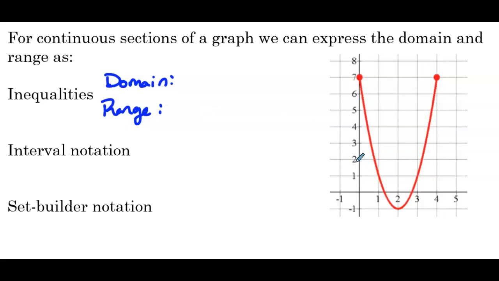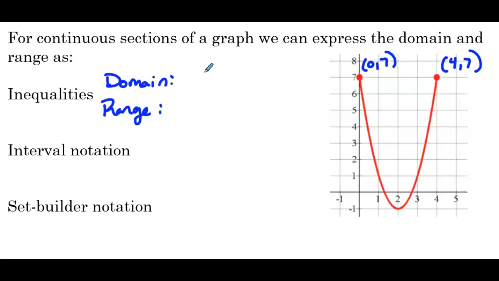This graph starts at the point (0, 7), and as we move left to right, plotting our points and connecting them to draw our graph, we end at the point (4, 7). So the lowest x value on our graph is 0, the highest x value is 4, and x can be any value in between those two.